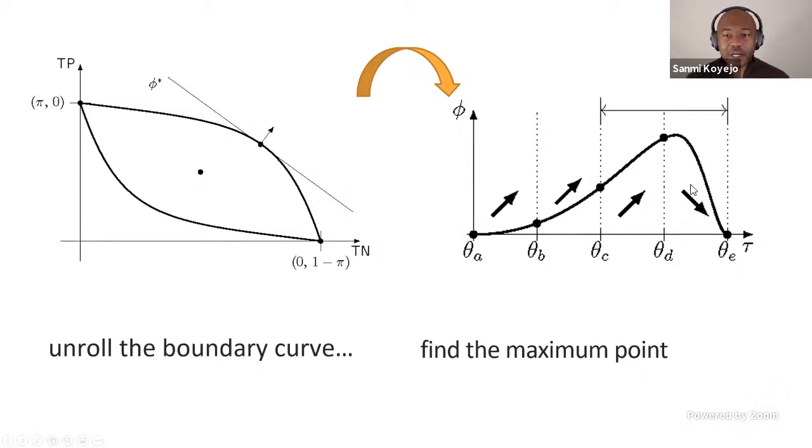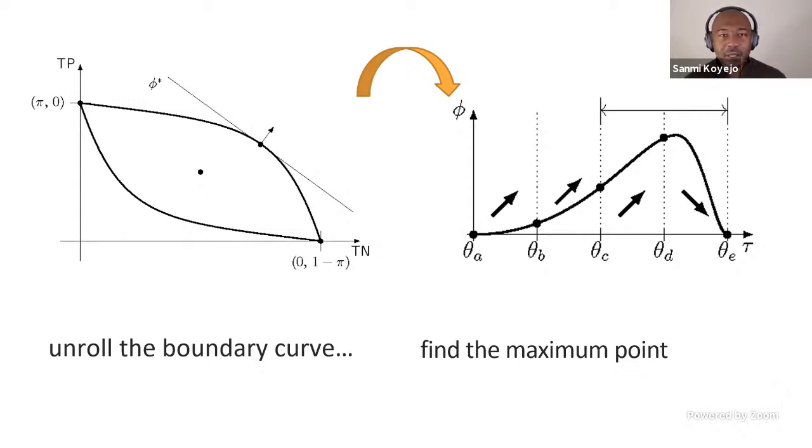Once I'm done with these queries, what I know is wherever the peak of this function is, it must be somewhere between theta C and theta E. So I can restrict my search to the range between theta C and theta E, and then repeat the same procedure over and over again.